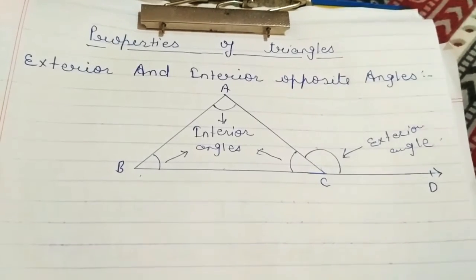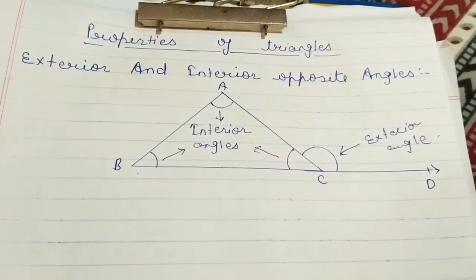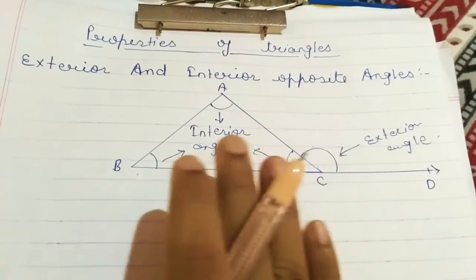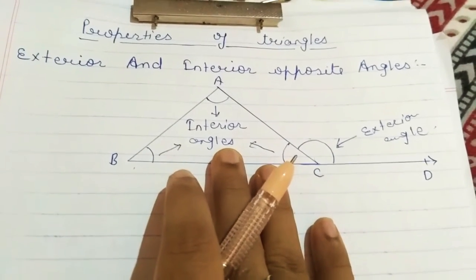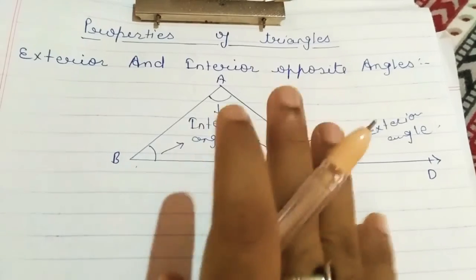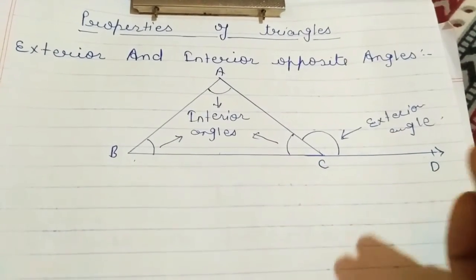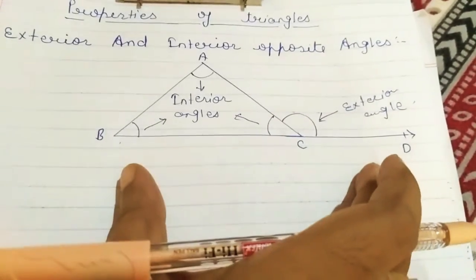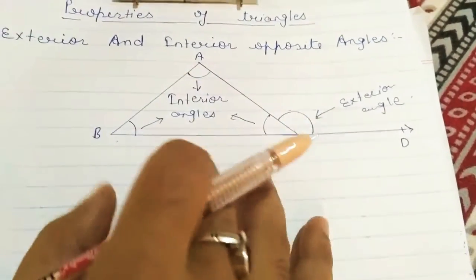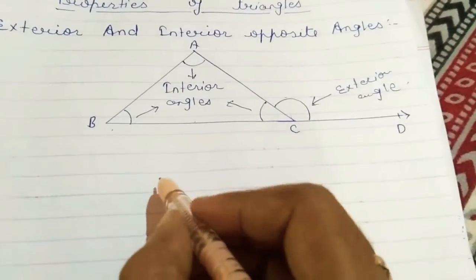Okay, so in short you can say like this: angles which are inside the triangle are known as interior angles, and angles which are outside of the triangle are known as exterior angles. One of the figures you can see here, it may be like this.